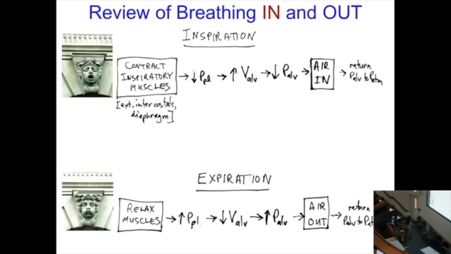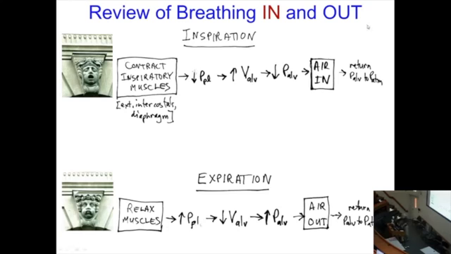Okay. So that's our system, and let's look at what happens when we breathe. We start at FRC. We contract our inspiratory muscles, the external intercostals and the diaphragm. This decreases pleural pressure, which increases alveolar volume. And this is Boyle's gas law. And we've increased the volume, which decreases alveolar pressure.